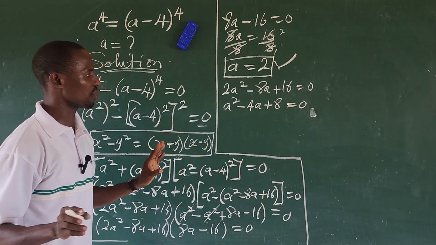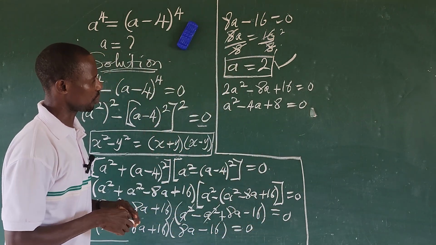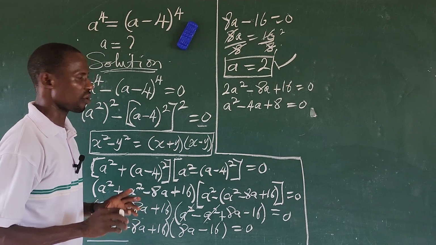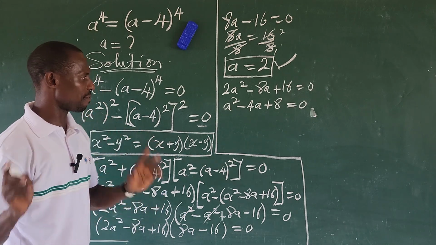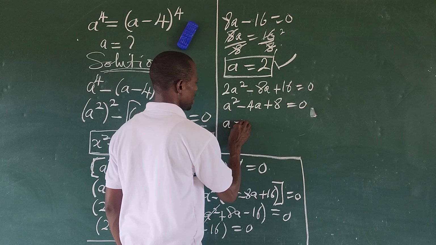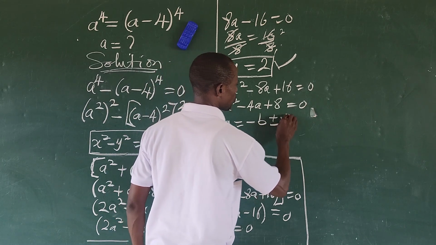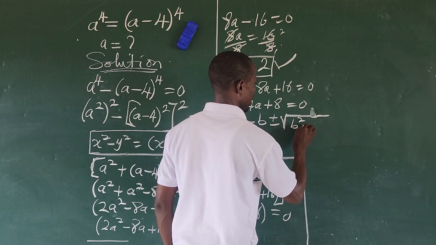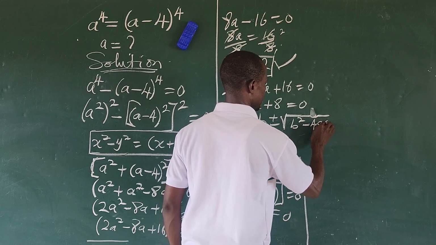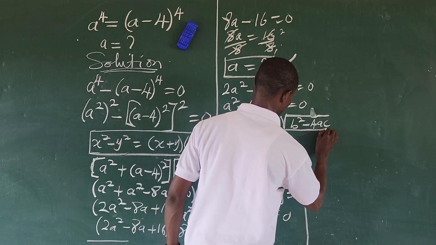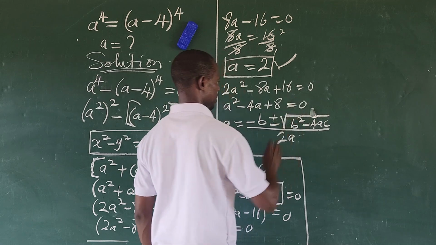This is a quadratic equation, so let's use the quadratic formula because we cannot use the factorization method here. So using the quadratic formula, this will now give us our a equal to minus b plus or minus the square root of b squared minus 4ac all over 2a.